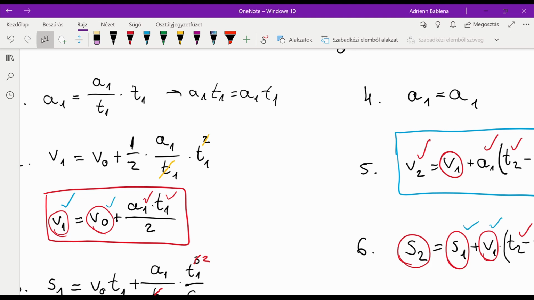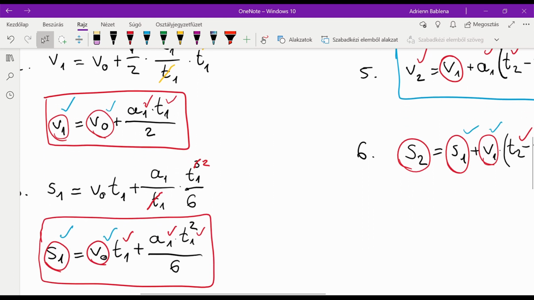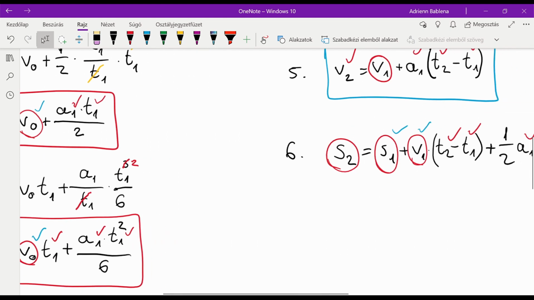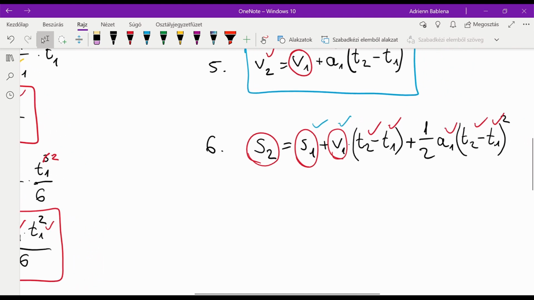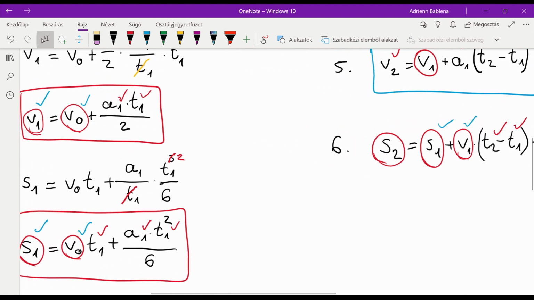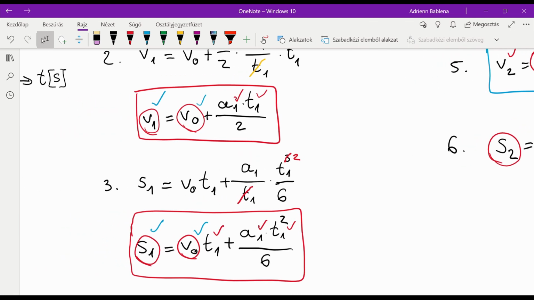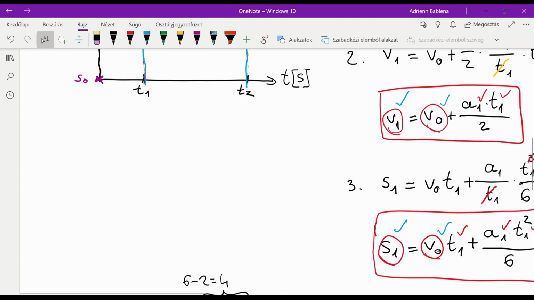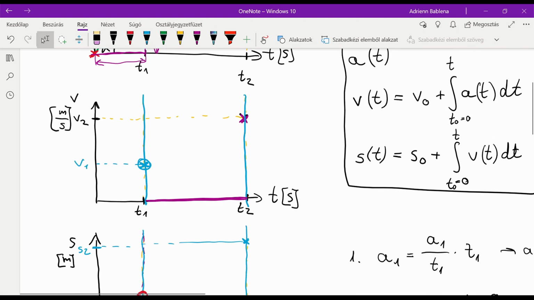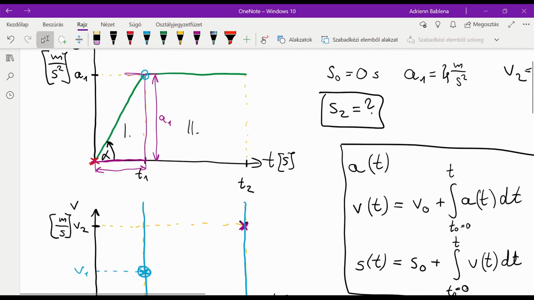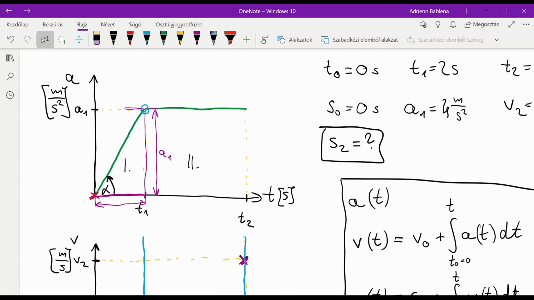We could use 4 equations, and this was a bit long and a bit difficult method. So let's see another, a bit easier method.